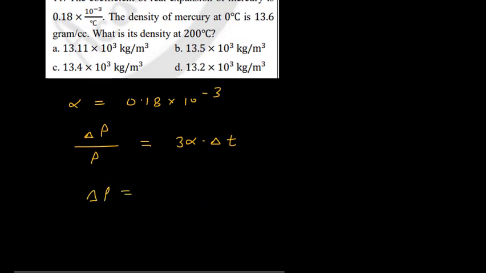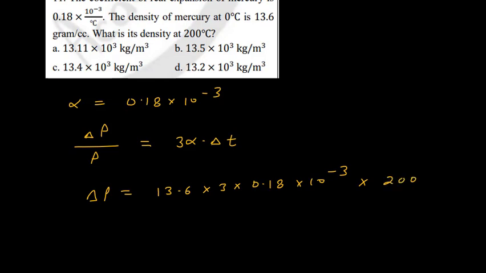So this delta rho will become rho, which is 13.6, into 3 into 0.18 into 10 power minus 3 into the change in temperature. So it is 200, right? 200 minus 0, 200.